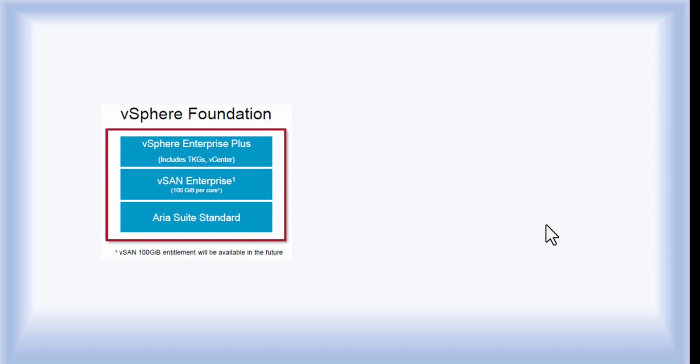There is a vSphere Foundation. You have the package like vSphere Essential Plus, including Tanzu Kubernetes Grid and vCenter. You have vCenter Enterprise, and that vSAN works at 100 gigabytes per core if you'd like to order it. You also have the standard Aria Suite inside.